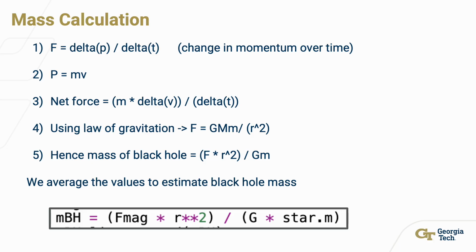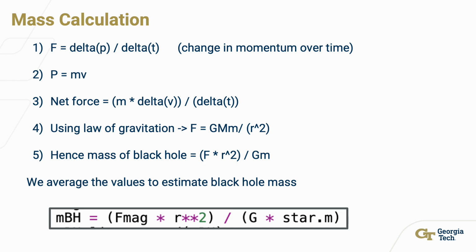Using the law of gravitation, the force is equal to the G constant multiplied by the mass of the first body times the mass of the second body divided by the square of the distance between them. By substituting this value and moving the other values to the other side, we can see that the mass of the black hole can be calculated by the equation F r^2 / (G m).